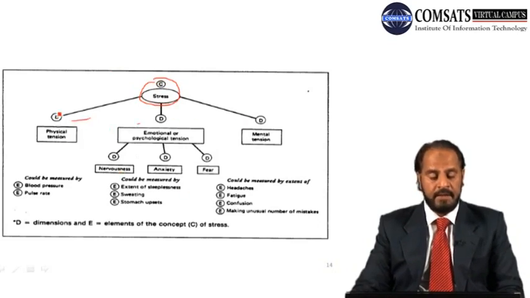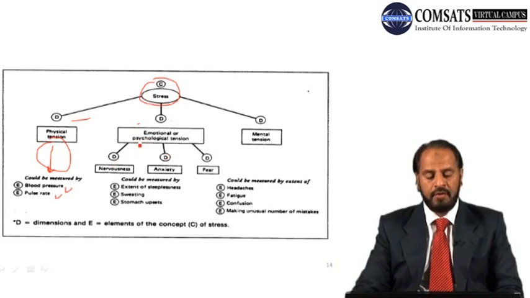Within the dimension of physical tension, the researchers did not subclassify, because physical tension could be measured through blood pressure and pulse. So this is something more quantitative in nature, which can be easily measured.